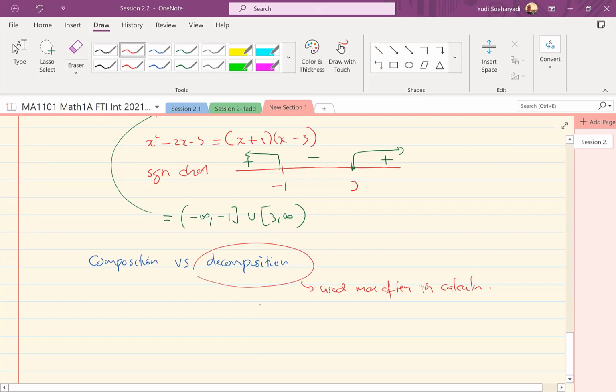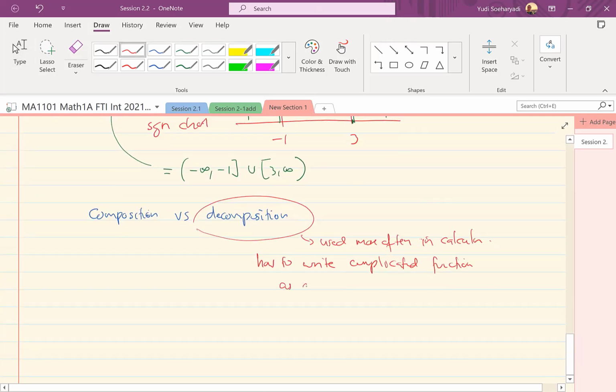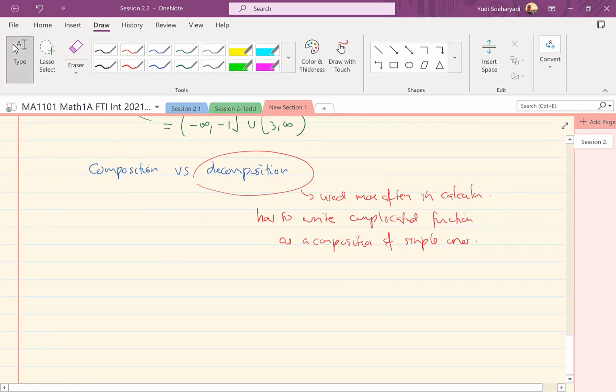That is how to write complicated functions as compositions of simpler ones. Okay, so example.